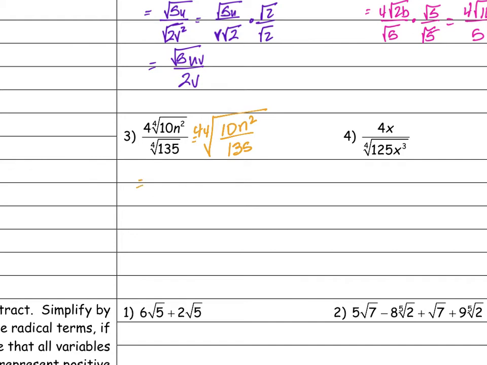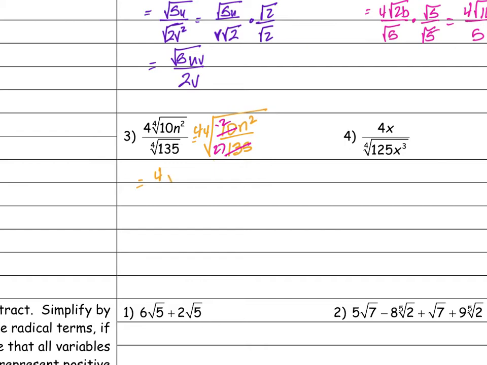That's probably a good assumption, right? 4 fourth root of, I don't know why I didn't simplify it up here. 5 goes into 10 2 times. 5 goes into 135, I don't know how many times. 135 divided by 5 is 27. Beautiful. 27 times.